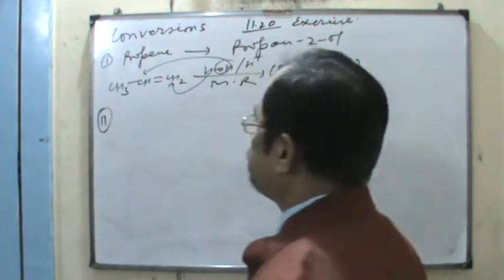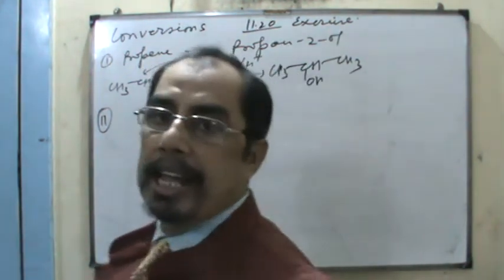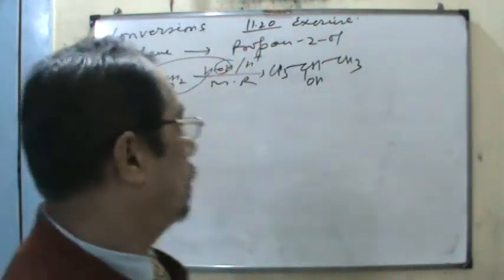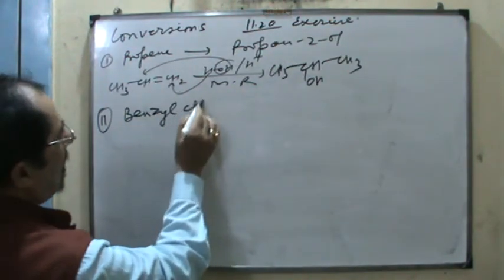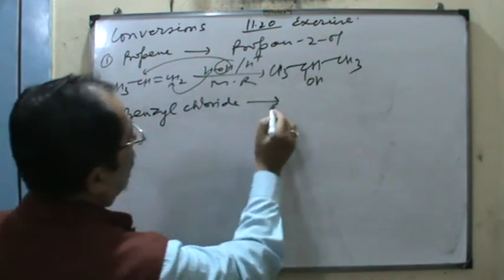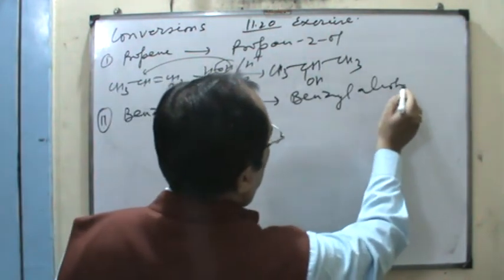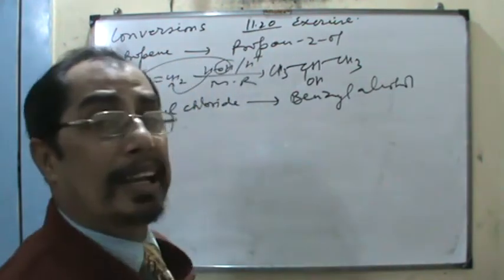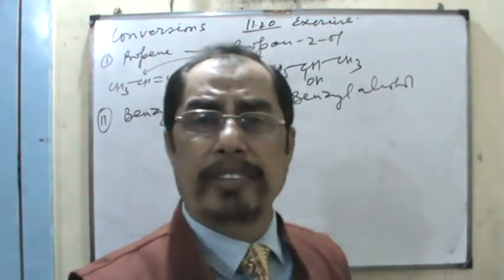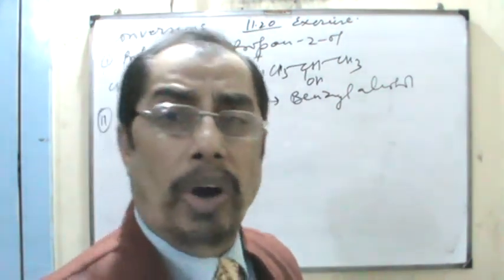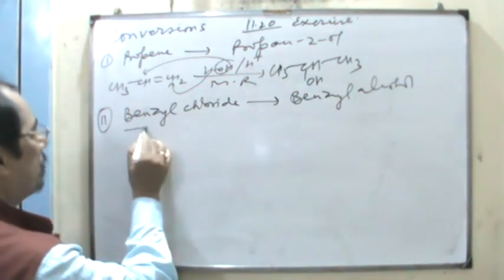Question number 2: benzyl chloride to benzyl alcohol. So here I write benzyl chloride to benzyl alcohol. You remember in haloalkanes and haloarenes I have solved around 25 conversions. Always practice all the conversions. This same question is there now.